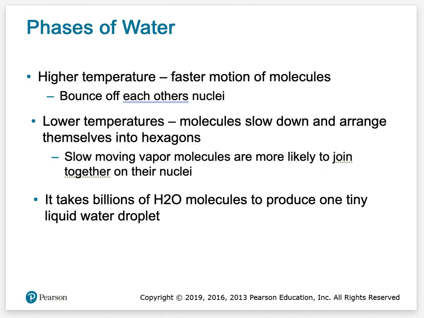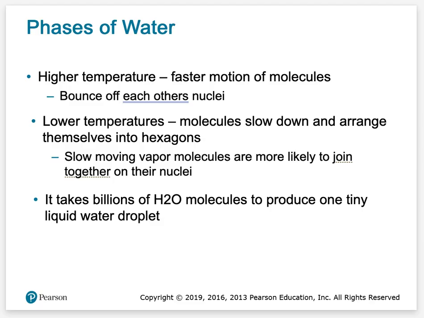So we've covered the concept of temperature, and as we know, the higher the temperature, the faster the motion of molecules. In this case, water molecules will move very, very fast if they get heated. You can think of it when you're boiling water in a pot.